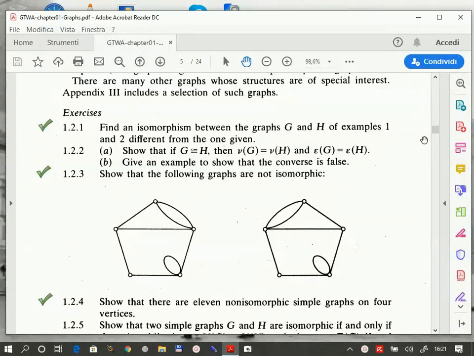Please try to see whether you can find a different bijection vertex-vertex and a different bijection edge-edge between the two graphs, so that incidence is preserved anyway.